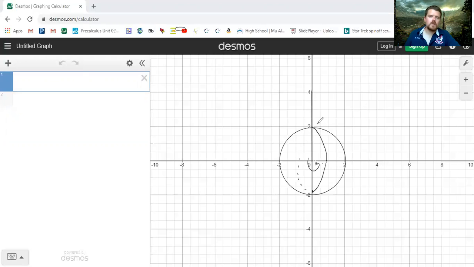Now the circle is a unique one in that depending on where you are rotating it around, you might get a different shape. So for instance, if I gave you the circle on a graph, and let's say I asked you to rotate it about the line x equals -4. So this line is not on the circle, but I could still rotate it around.